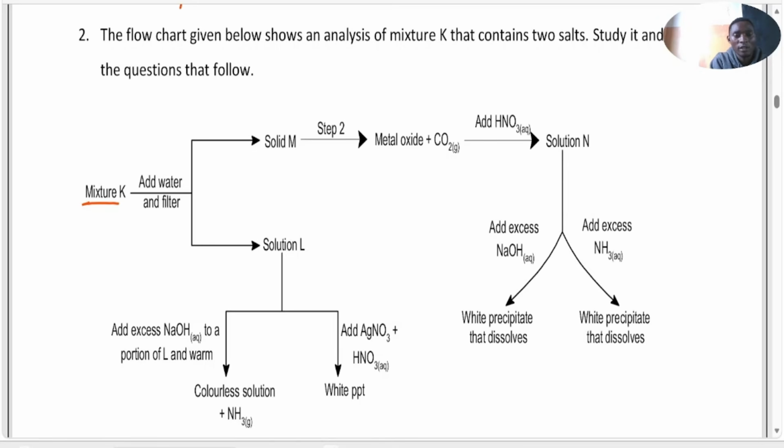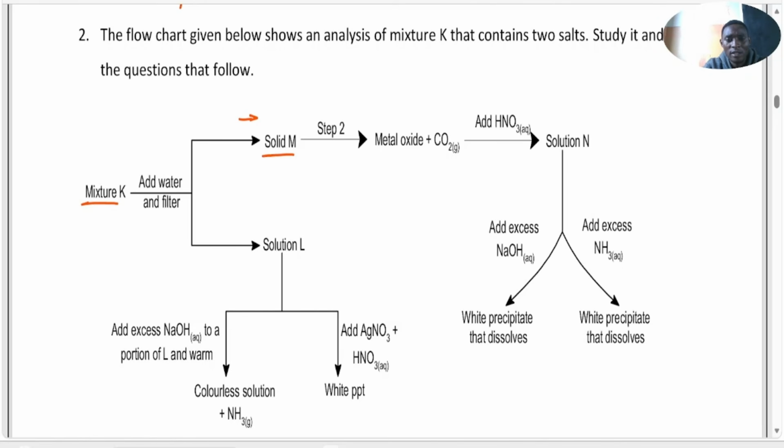We have mixture K. When you add water to the mixture and filter, we obtain solid M. So we move with this route. So we form solid M. When you take solid M and subject it to step 2, we are going to obtain a metal oxide and carbon dioxide.